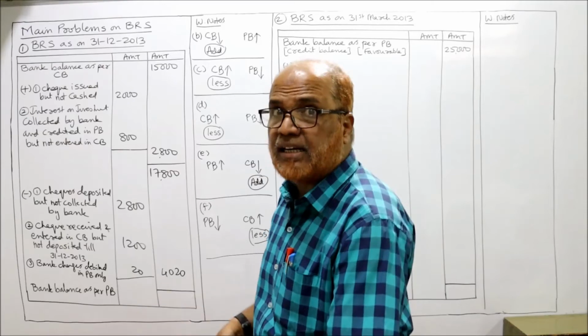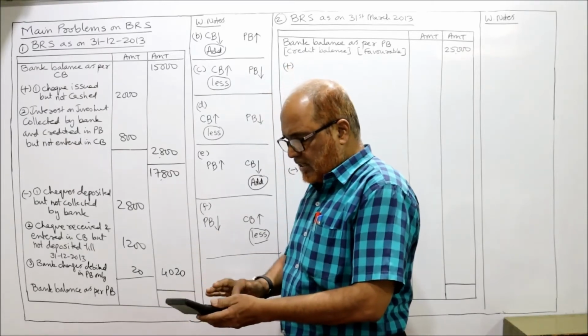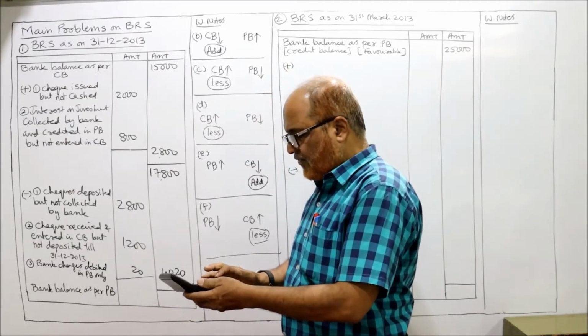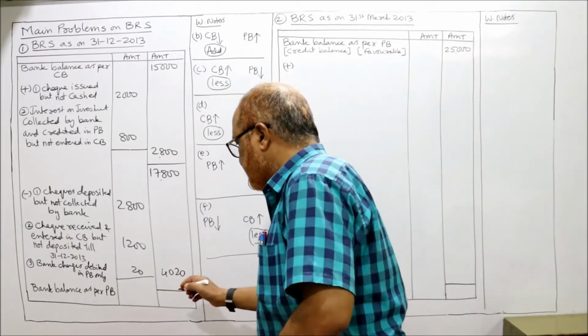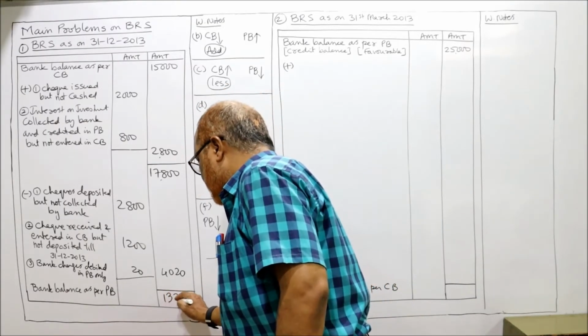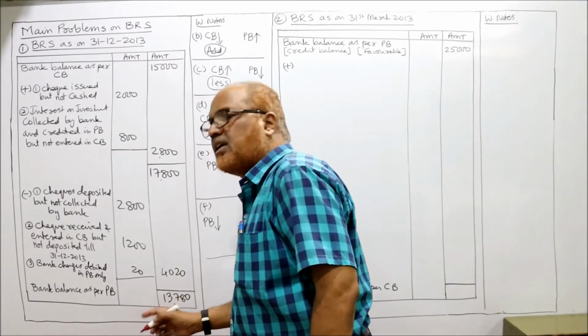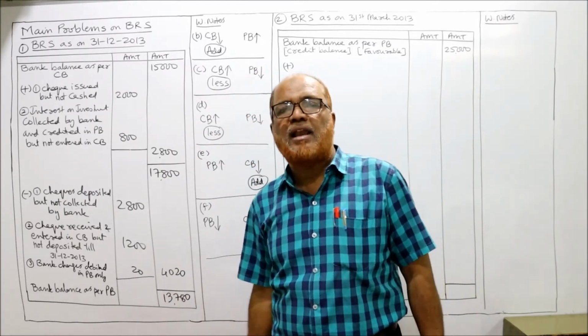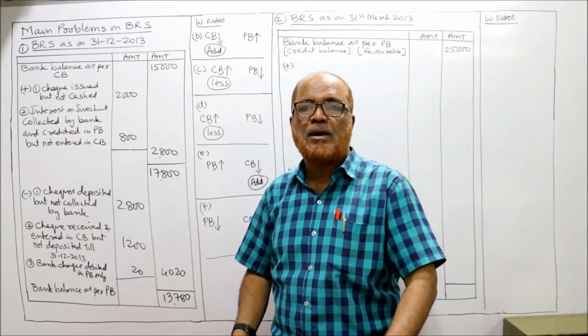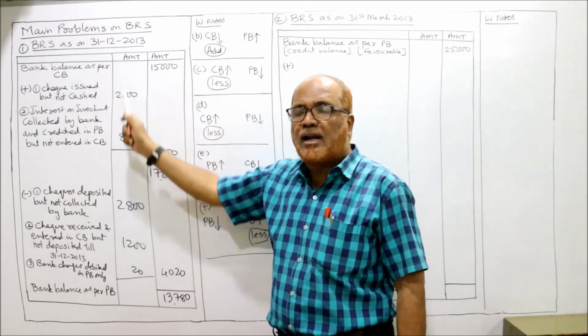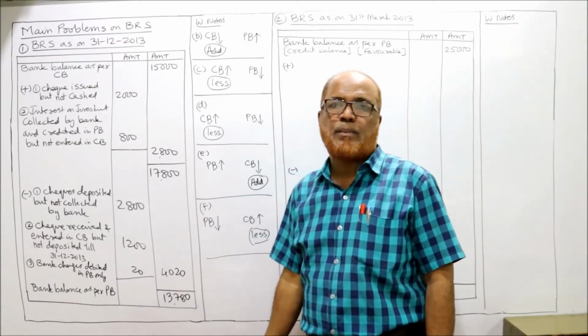So 4,020 rupees should be deducted. 17,800 minus 4,020 comes to 13,780. What is this 13,780? It is the bank balance as per passbook. We started with the bank balance as per cash book, and ultimately we got the bank balance as per passbook.